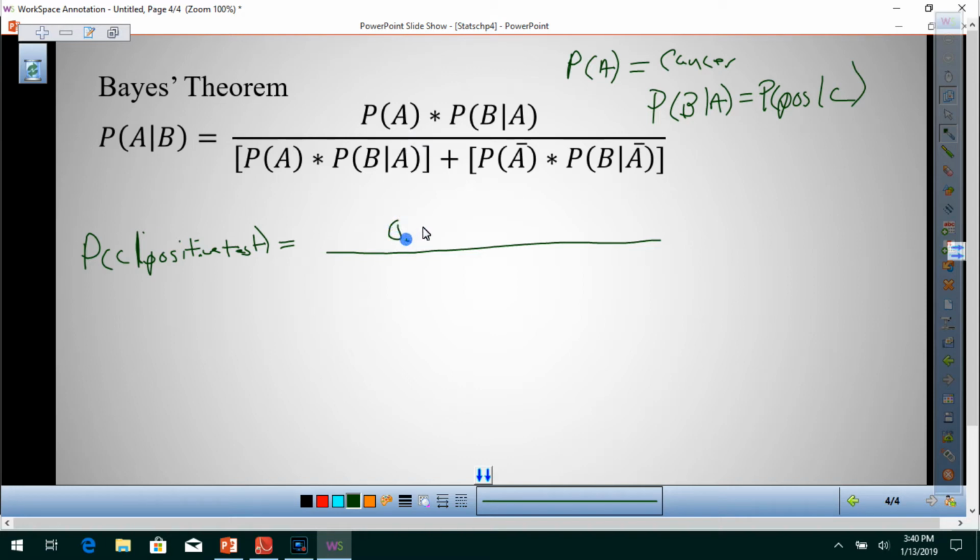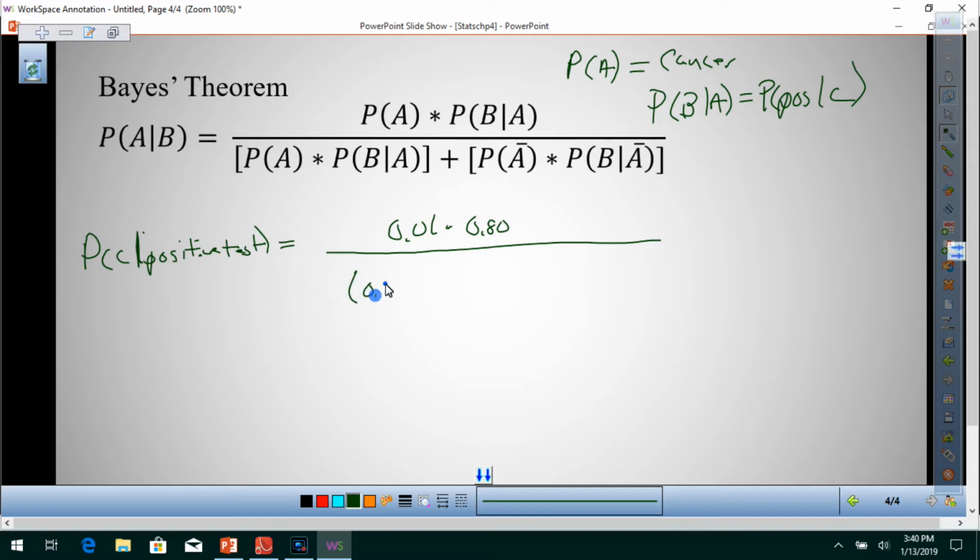That was 0.01, times the probability of positive given cancer, and that rate was 0.80. Now let's divide that by the probability of A.